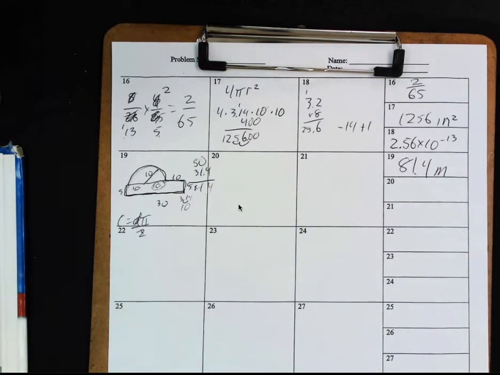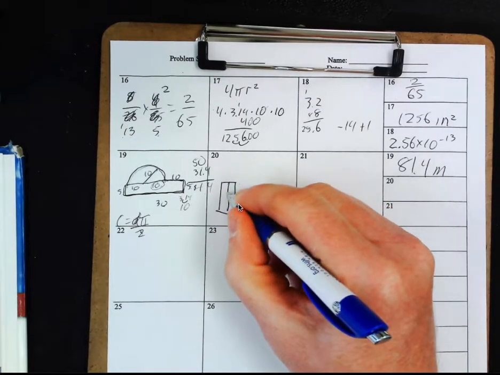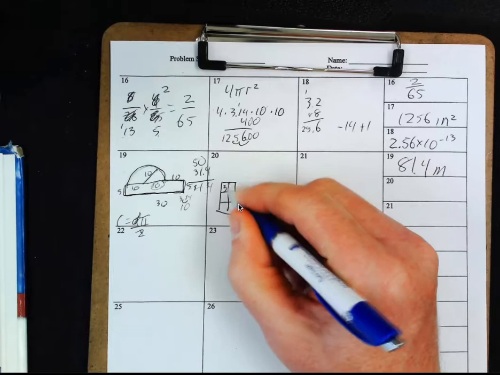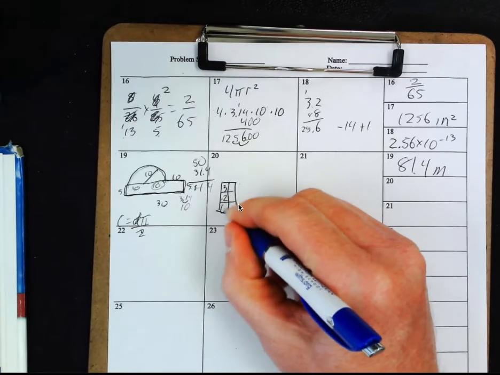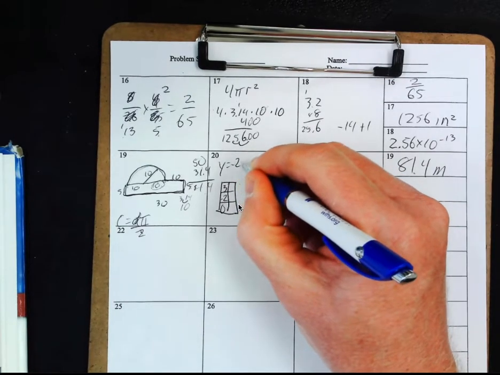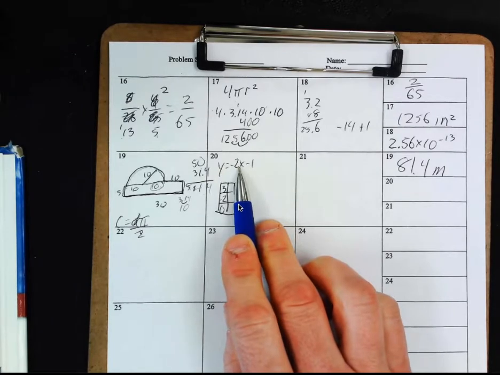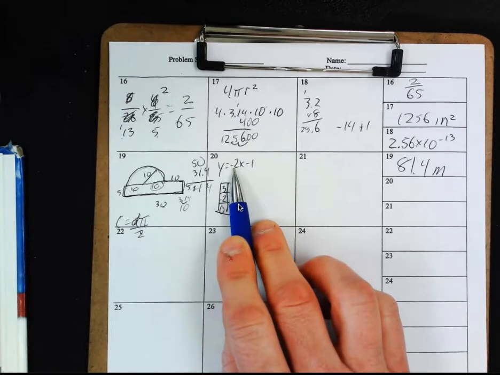Number 20, it says find the missing numbers in the table. They gave me 3 and negative 2 and 0, and my formula is y equals negative 2 times x minus 1. So step 1, 3 times 2 is 6. Signs are different, it's negative 6.